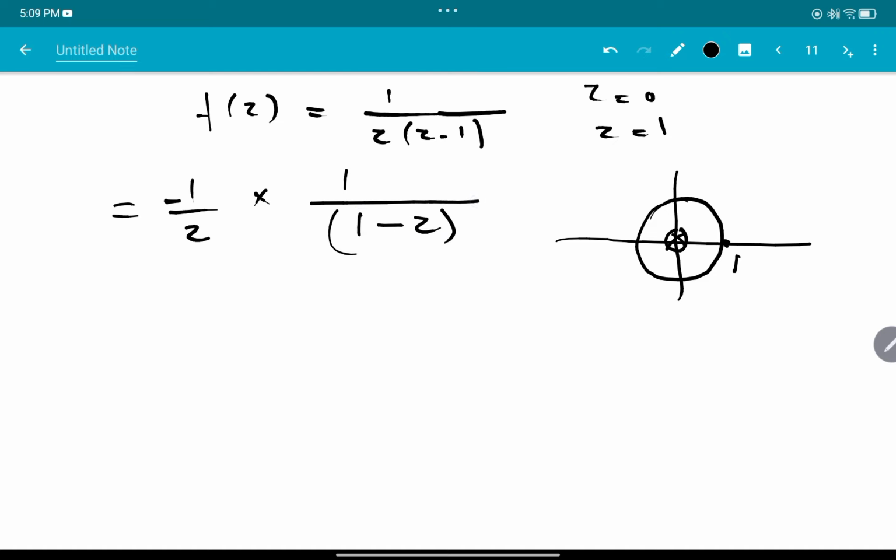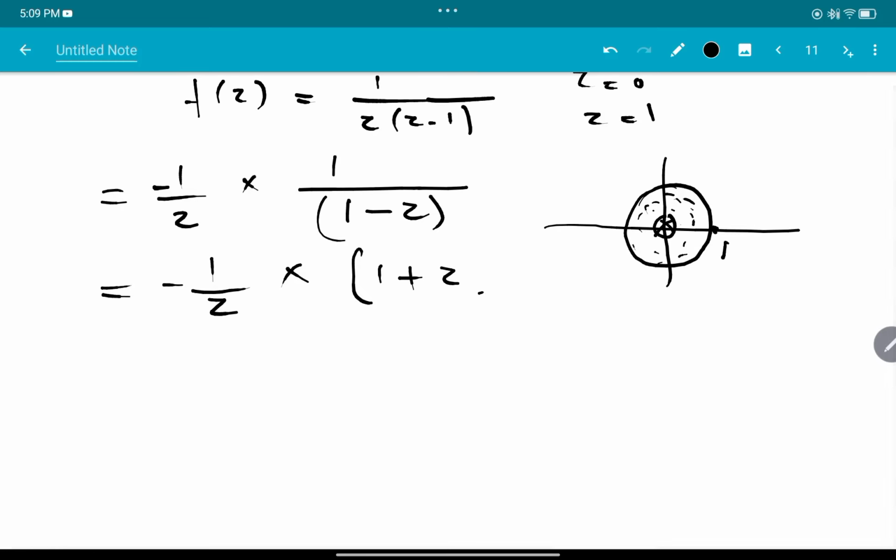And now I have just to check whether mod z is less than 1. Mod z less than 1, yes, here in this annulus, mod z is less than 1, I can expand it. I have minus 1 by z into 1 plus z plus z square.